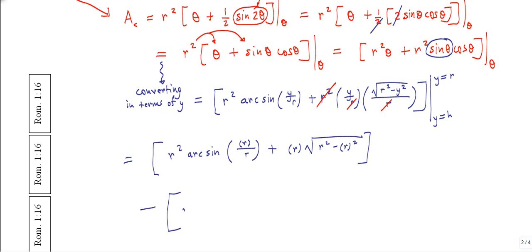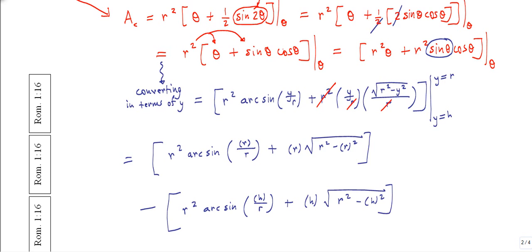The lower limit is r squared arc sine of h over r plus h times radical r squared minus h squared.